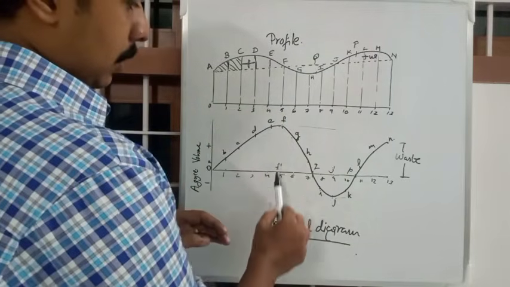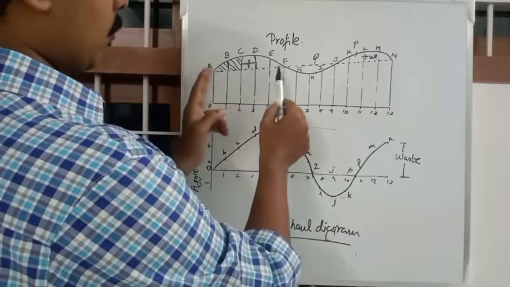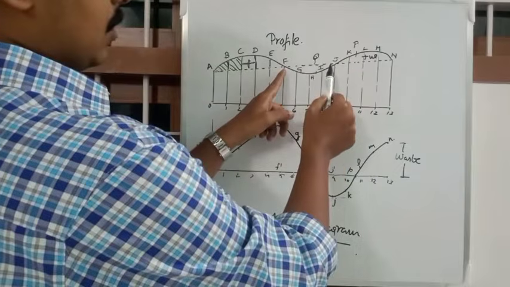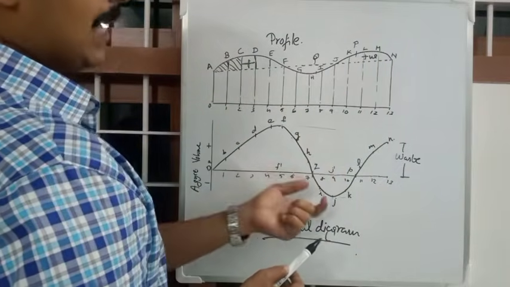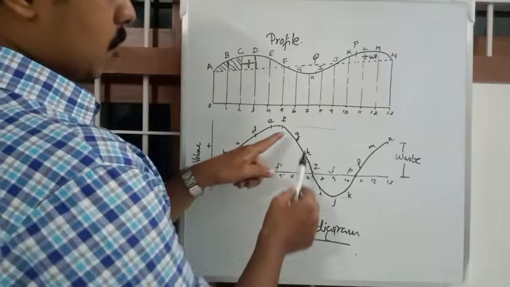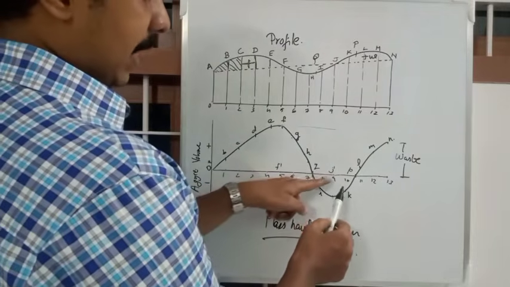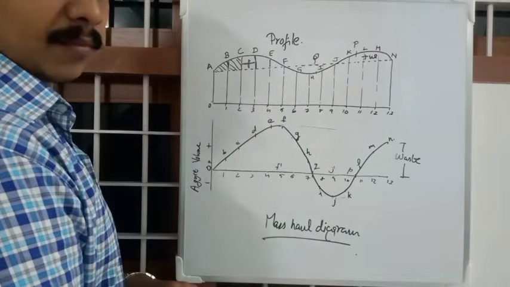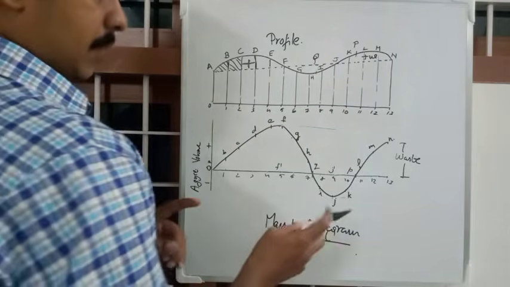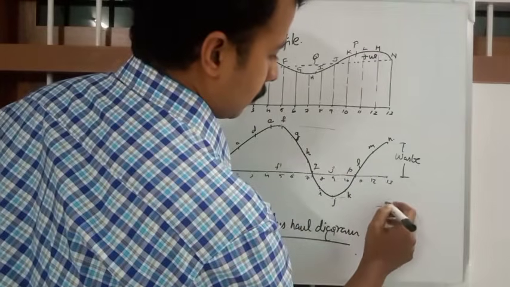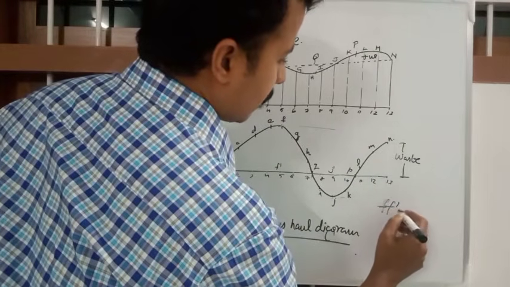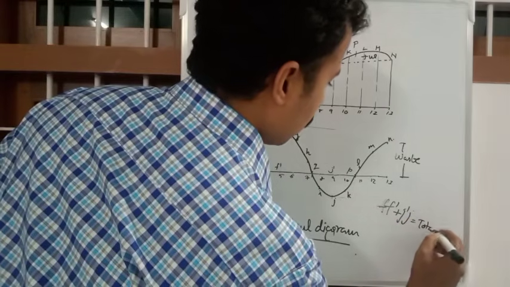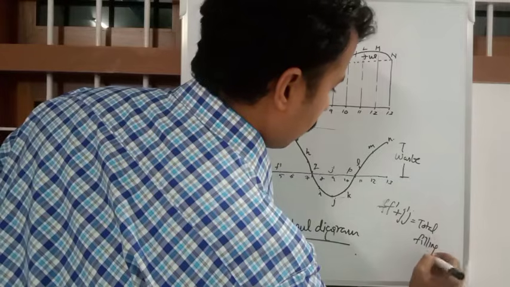F dash was this total aggregated volume, J dash was this volume that has to be filled. So F dash J will be the total filling that happened. I hope you understand. F dash plus J is total filling.